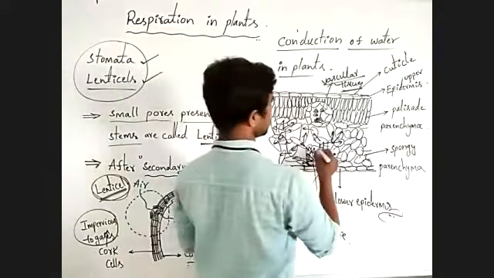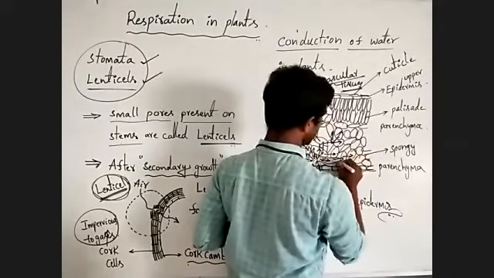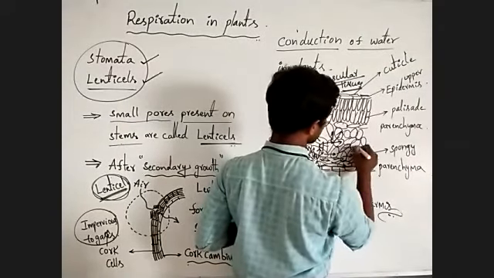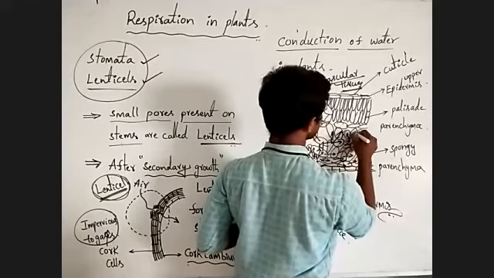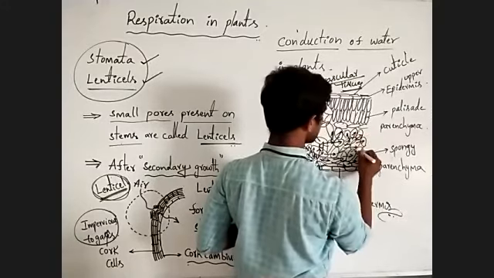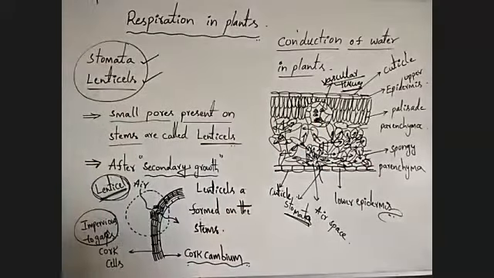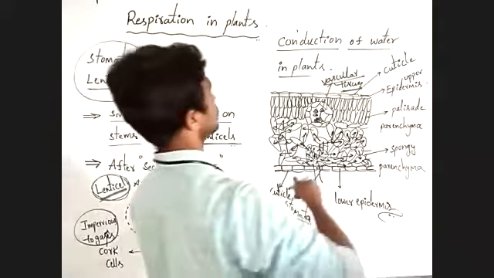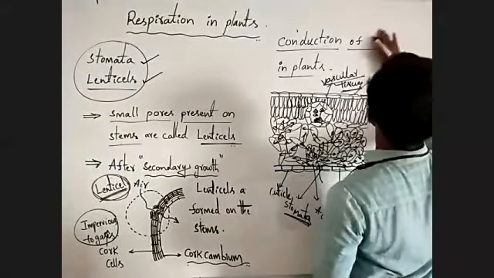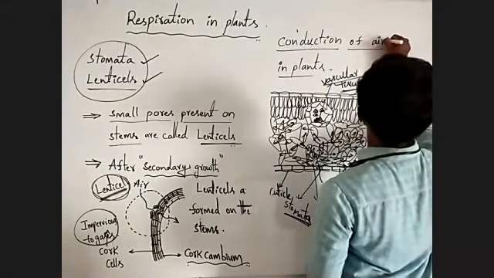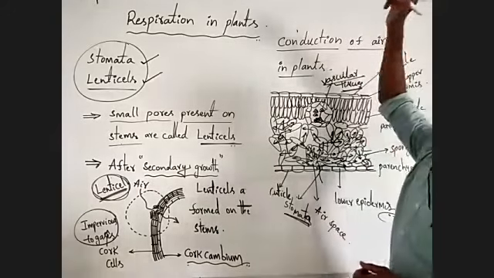Oxygen is distributed to each and every cell of the stem. In this manner, air is conducted in plants.